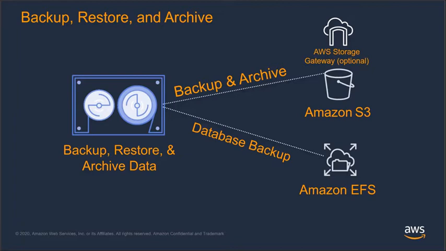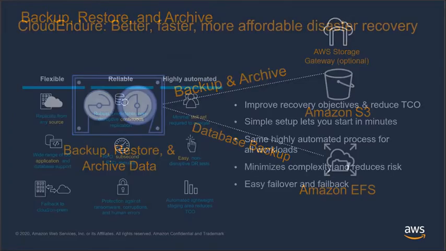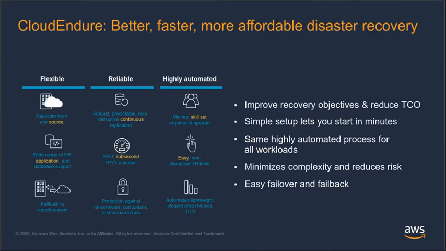Okay, let's take a quick look at Cloud Endure, which is another service from AWS for disaster recovery. It can also be used for migrations, but the focus here is on disaster recovery. This is an automated solution that allows you to utilize block level continuous data replication, ensuring that your target machines are spun up in their most up-to-date state in the event of a disaster.